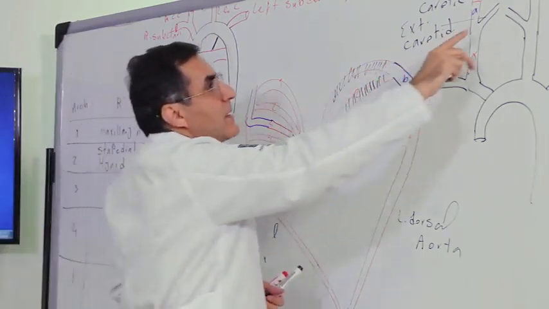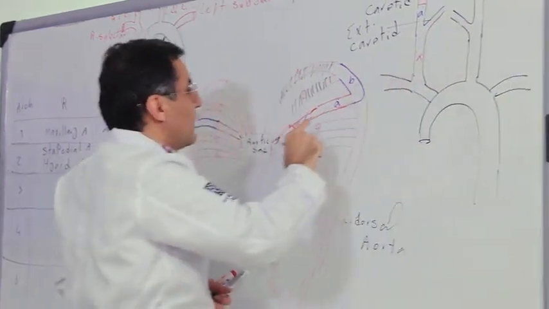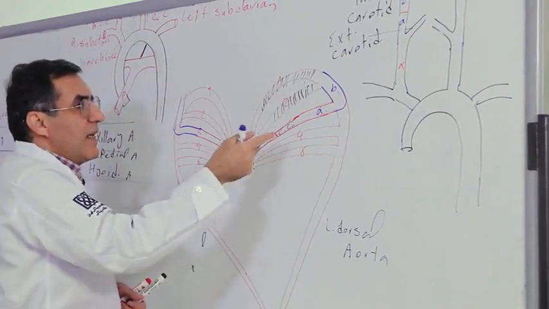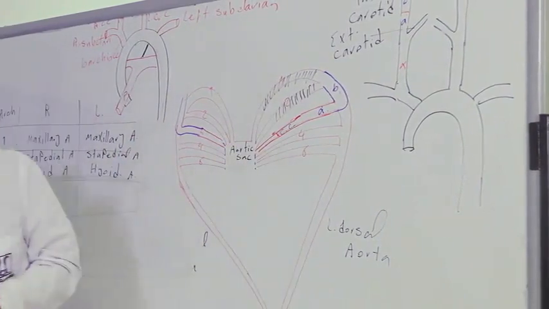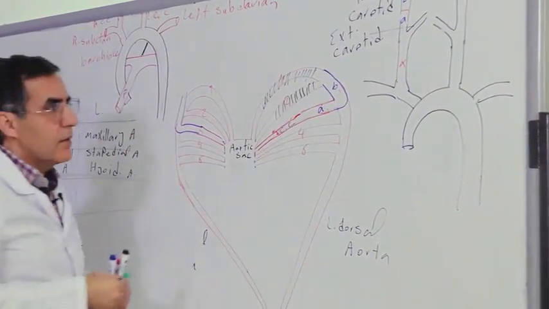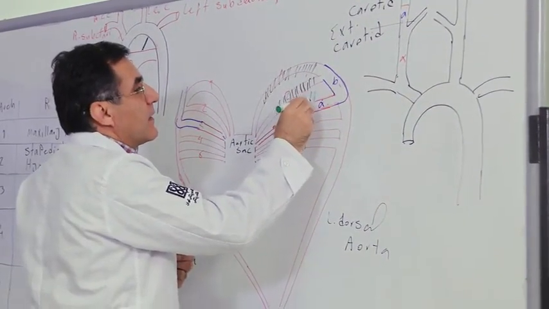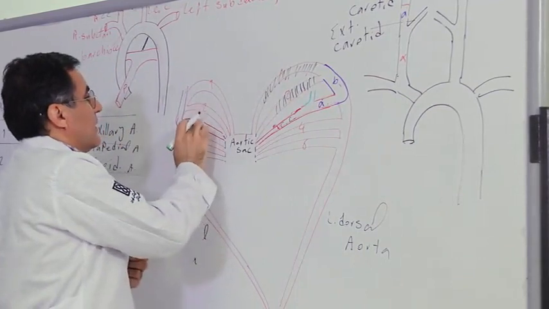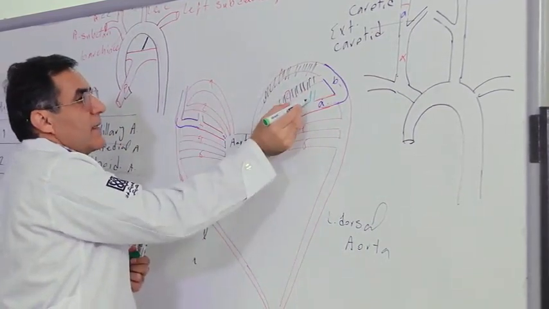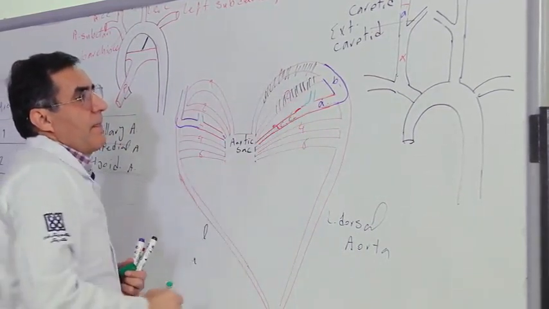But what about the external carotid artery? The external carotid artery is outgrowing from the third arc. This is outgrowing, this is an external carotid artery.